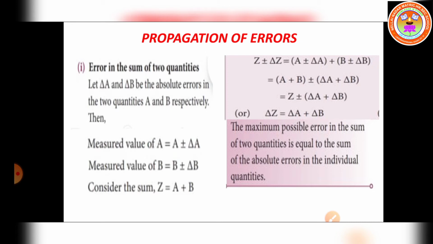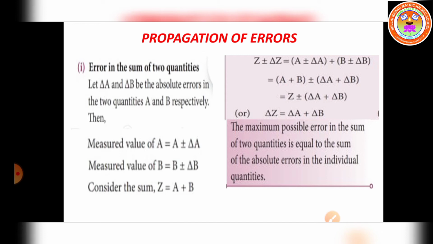The error in the final result depends on the errors in the individual measurements and the nature of mathematical operations performed to get the final result. So we should know the rules to combine the errors. So the final result depends upon two things: one, the errors in the individual measurements, and second, the nature of the mathematical operations used to get the final result.